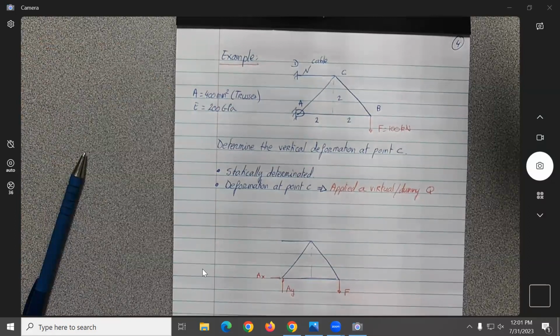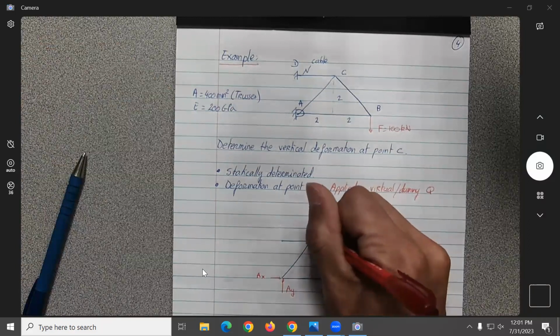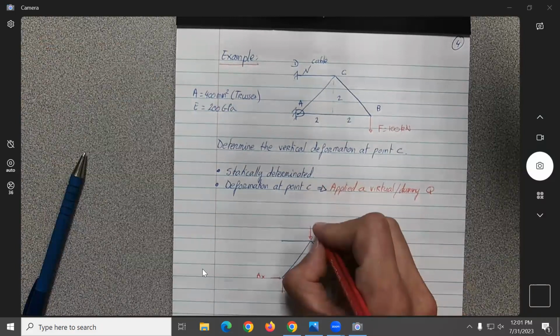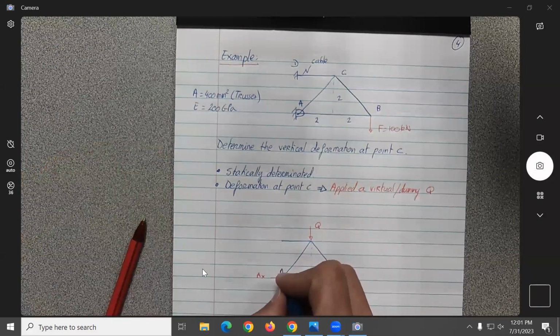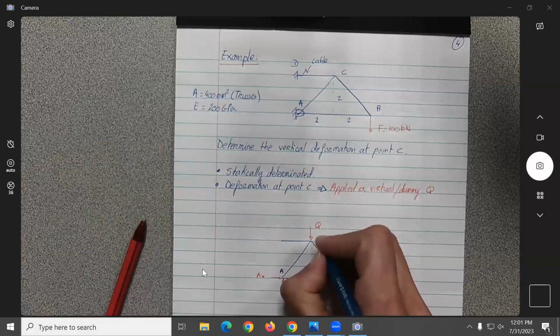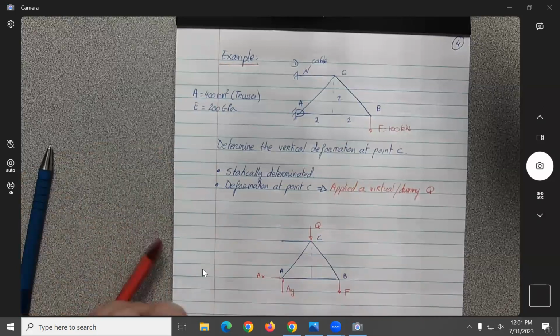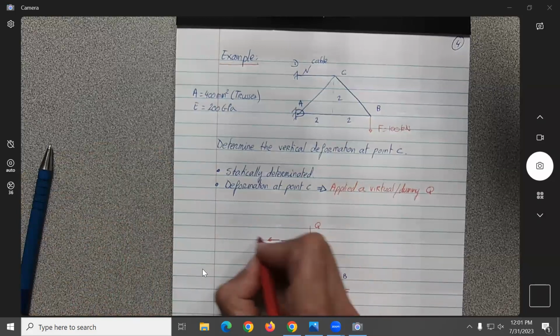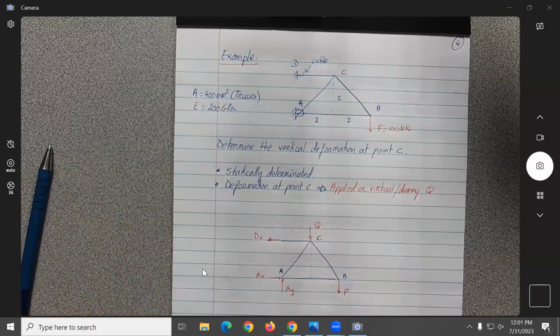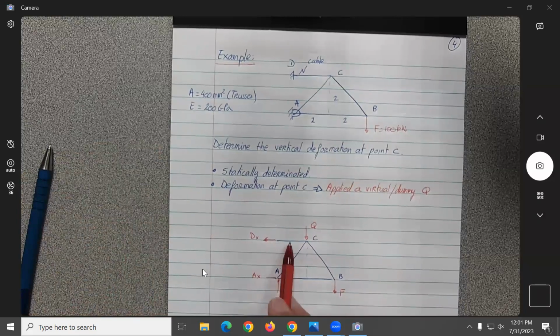We're going to have the force F. We're going to have, let's not forget it, the virtual force Q at point C. Maybe I need to put ABC. And then over here on the cable, we're just going to have one reaction because it's one cable.